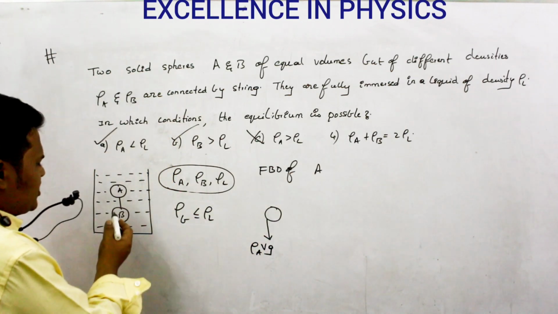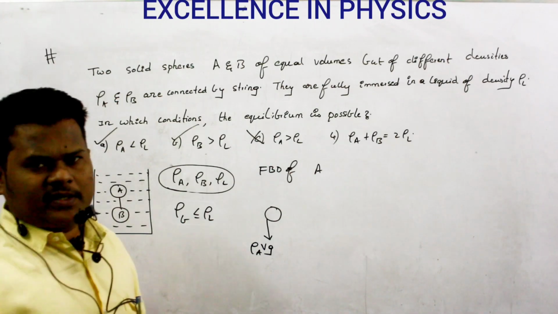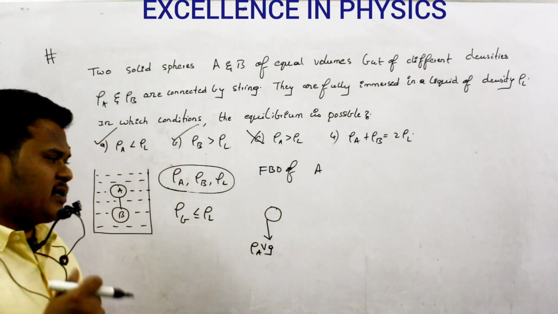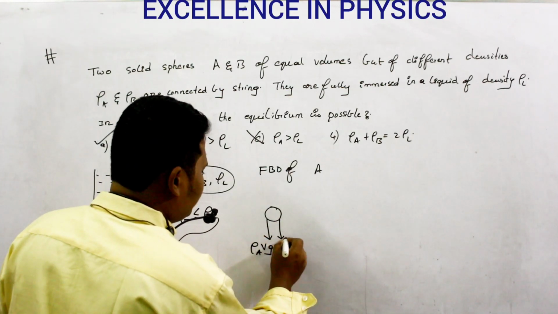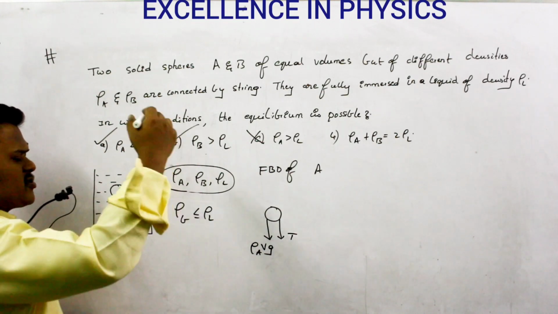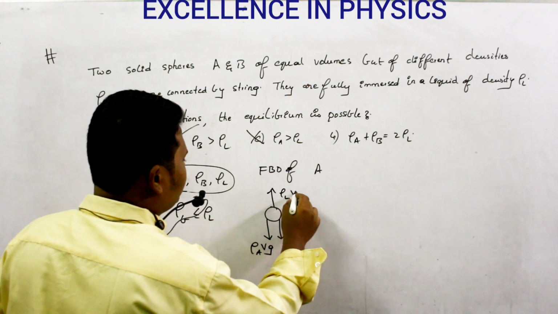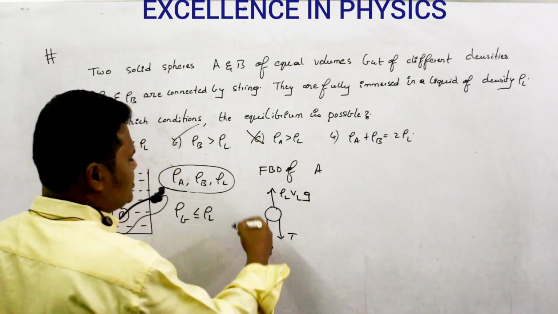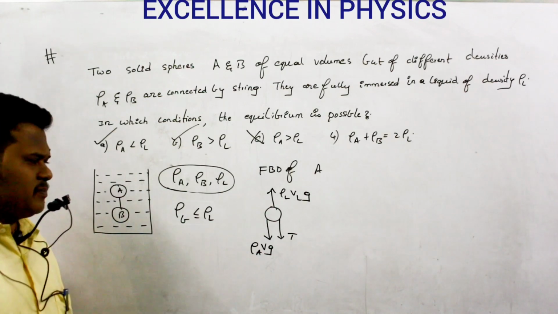Tension is trying to pull this body downwards, because tension always acts away from the tied end of the body. As this body is present here, the force of buoyancy acts upwards, which is rho L VL into g. These are the different forces which keep sphere A in equilibrium.